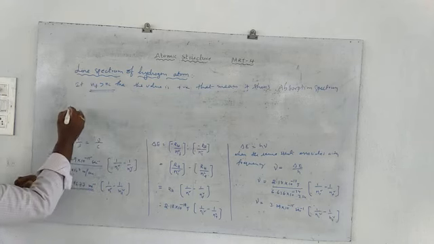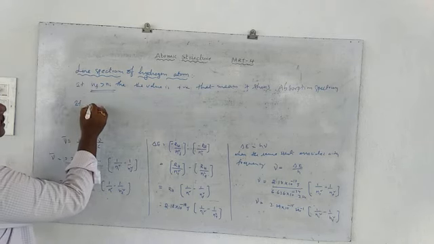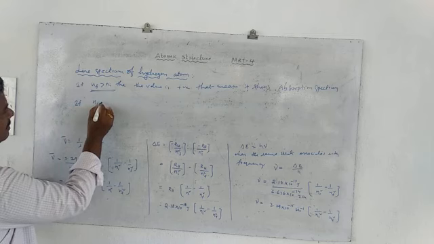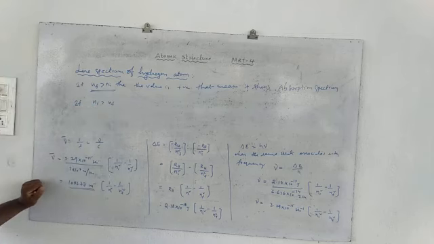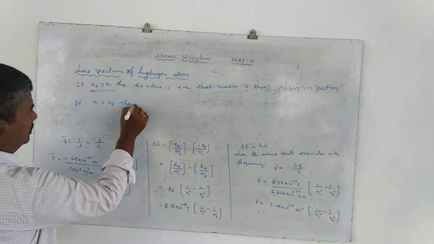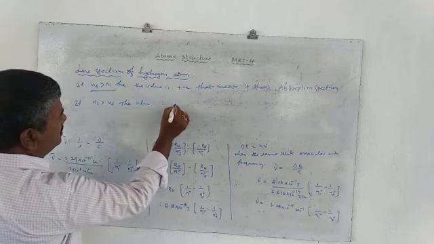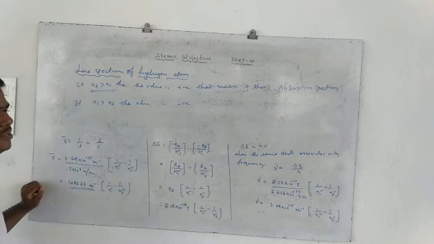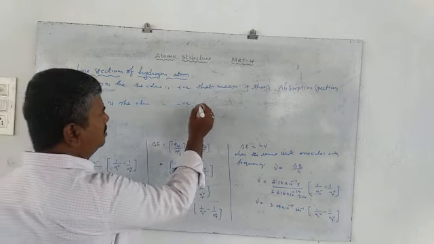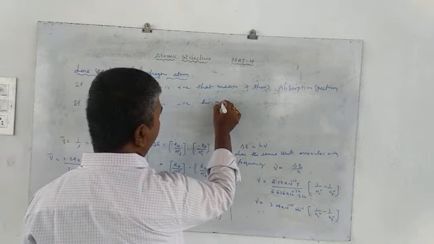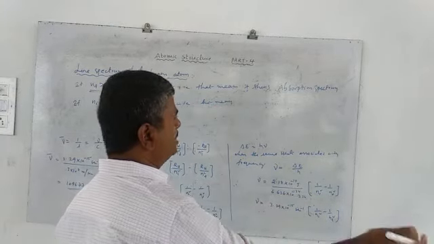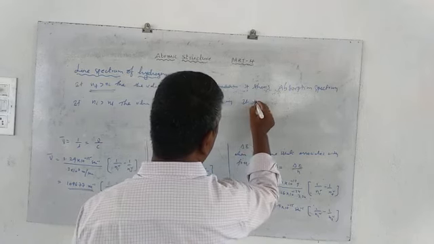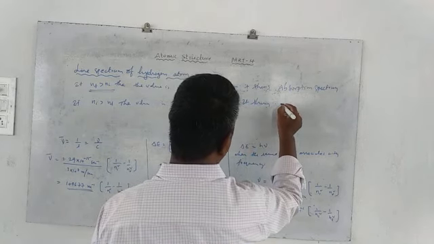If in case NI is greater than NF, the value is negative. That means some amount of energy is radiated. So it shows emission spectrum.